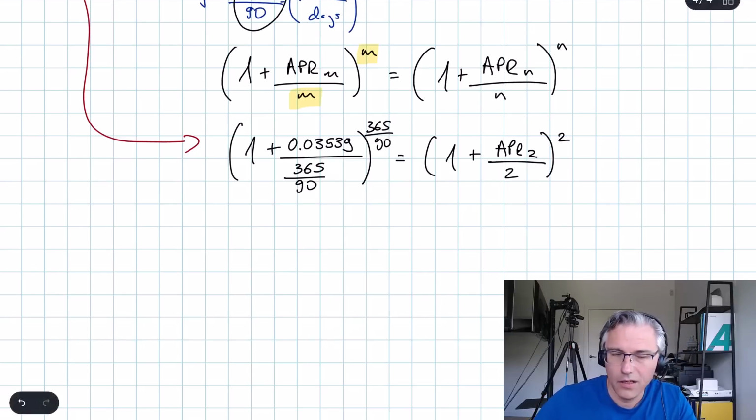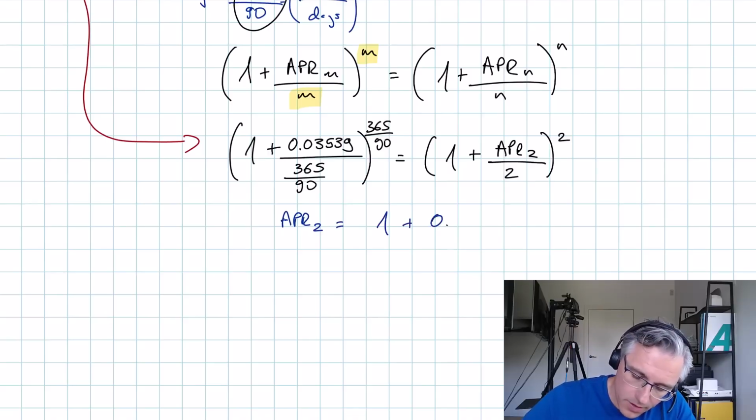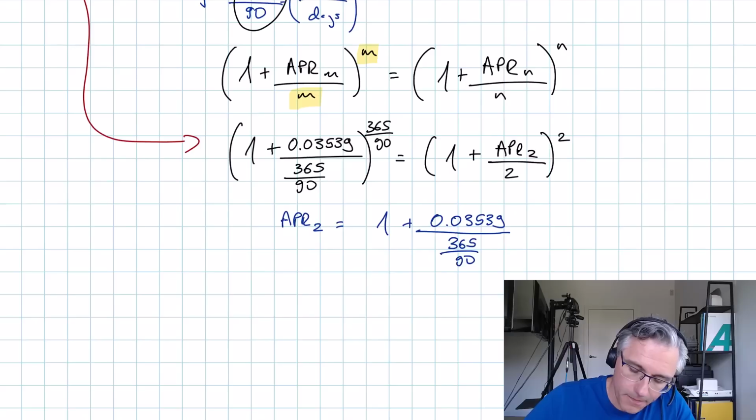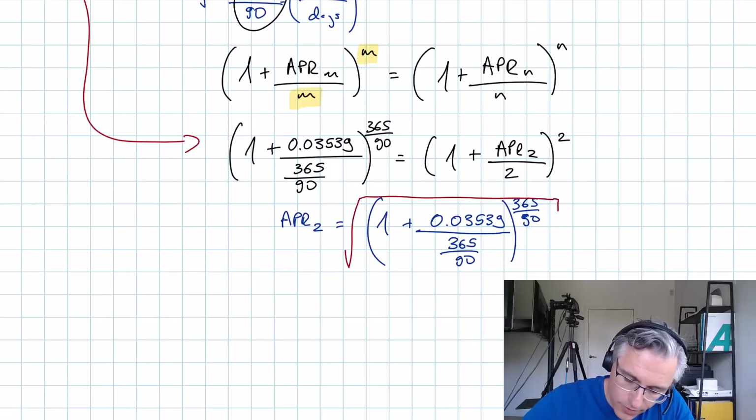Now, quite a lot of stuff that we need to do here, but in the end, you end up with an APR 2 equal to 1 plus 0.03539 divided by 365 divided by 90, okay. Of course, raised to the power of 365 over 90, and you are taking the square root of this.